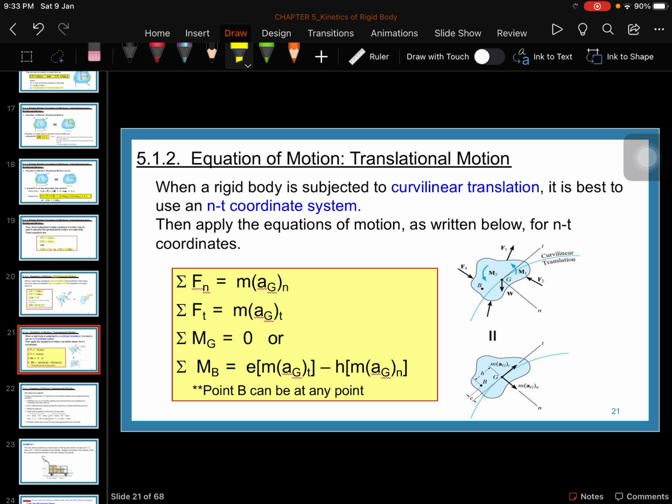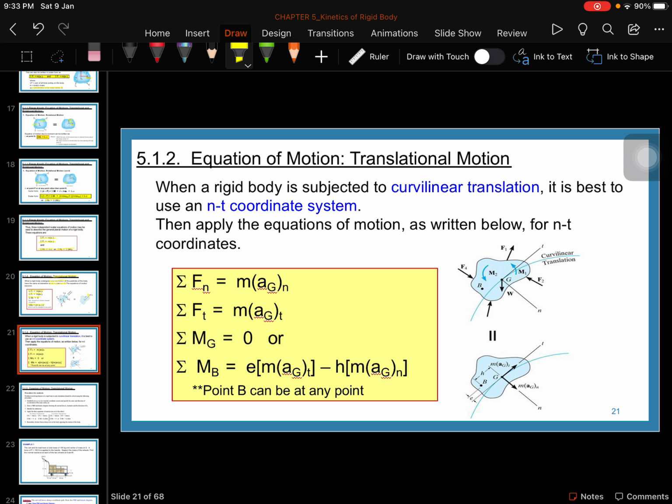Next, when a rigid body is subjected to curvilinear translation, it is best to use an n-t coordinate system, which is the tangent and normal components. Then apply the equations of motion as written below for n-t coordinates.